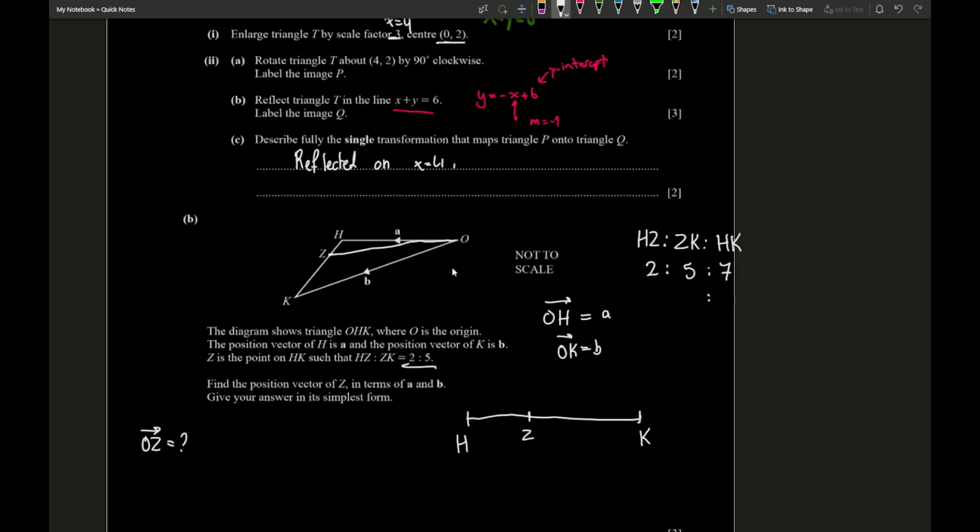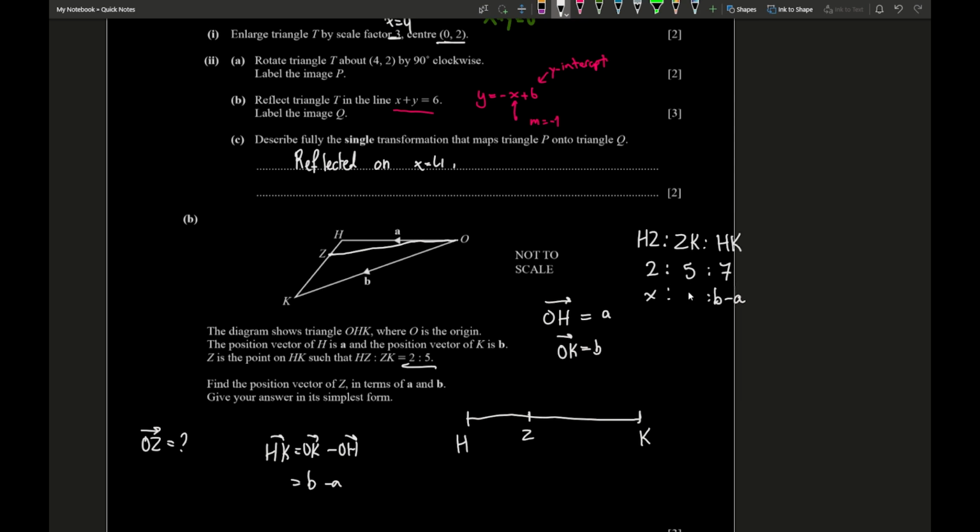We can find the position vector of HK very easily. HK is simply equal to OK minus OH, which is B minus A. So to find HZ, it is 2 times B minus A, all divided by 7.